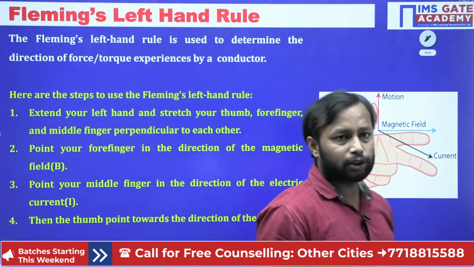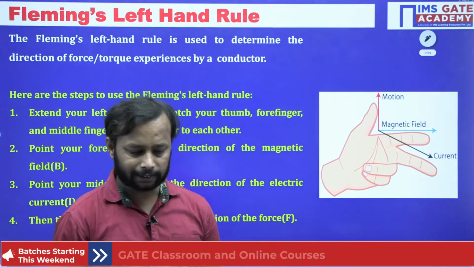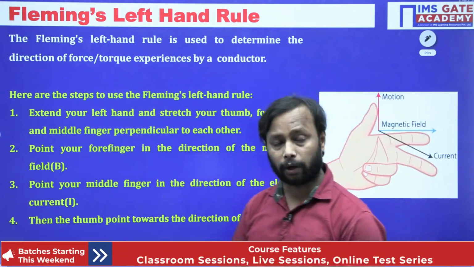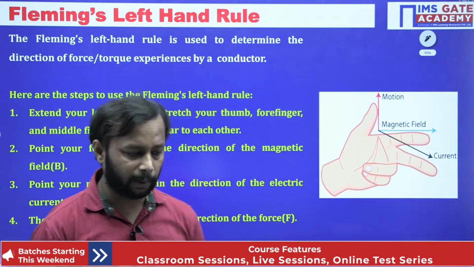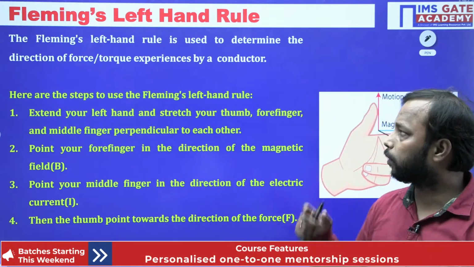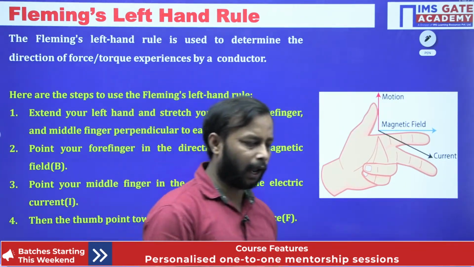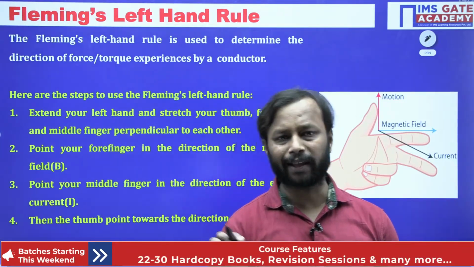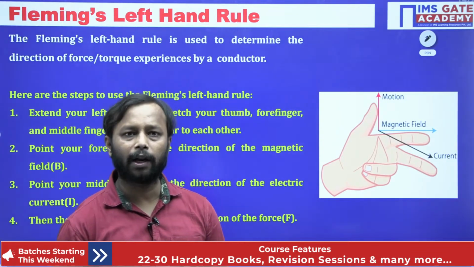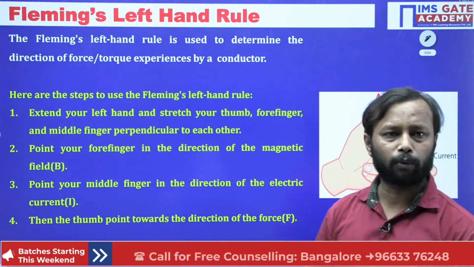Let us come to the next rule, which is Fleming's left hand rule. Since the right hand rule is used in the generator, the Fleming left hand rule is going to be used in the motor. In the motor, the output is mechanical, and mechanical has two kinds of movement, either linear movement or rotational movement.